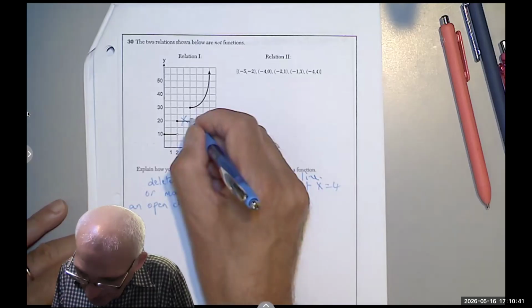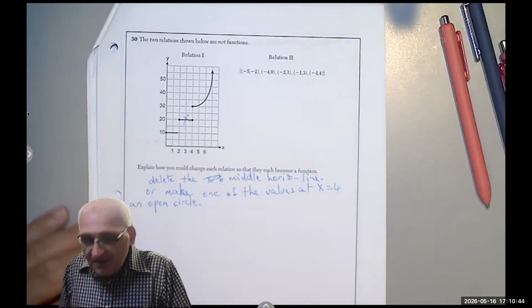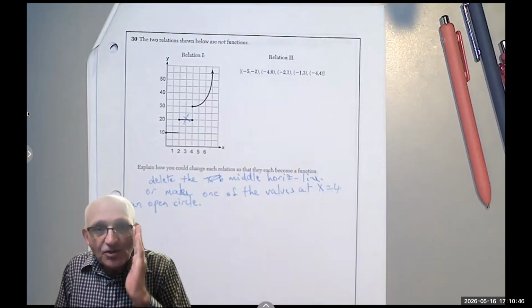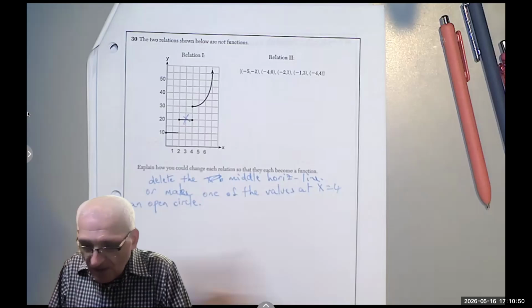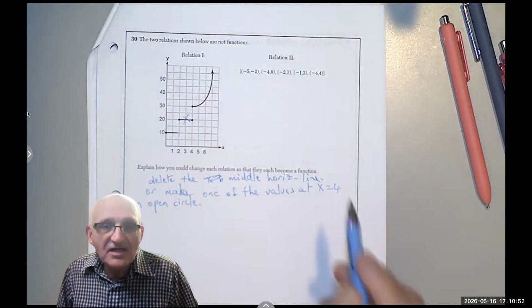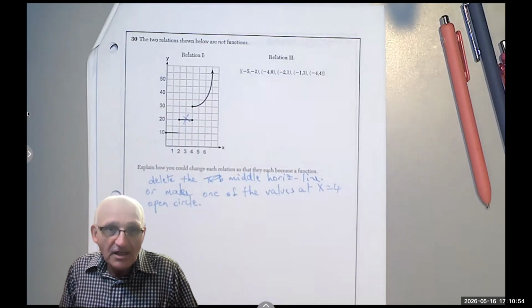If I make that open, then I have a function because I have a unique value of f of x, or y, for every single value of x in my domain.